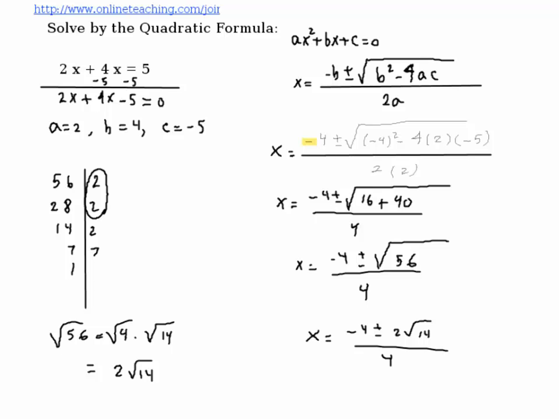And if I factor a 2 at the top of the fraction, I get minus 2 plus or minus radical 14 at the top. So this 2 and this 4 would reduce to 1 and 2. So x would be equal to minus 2 plus or minus radical 14 over 2.